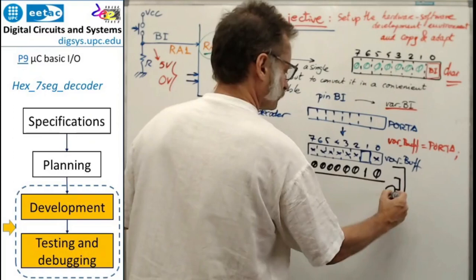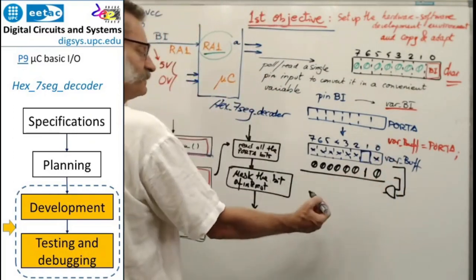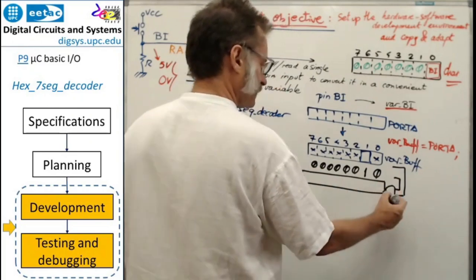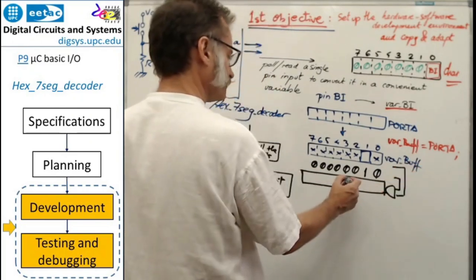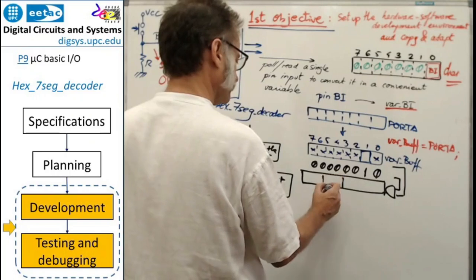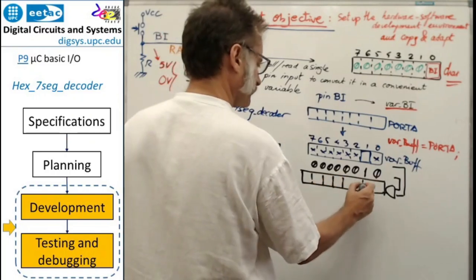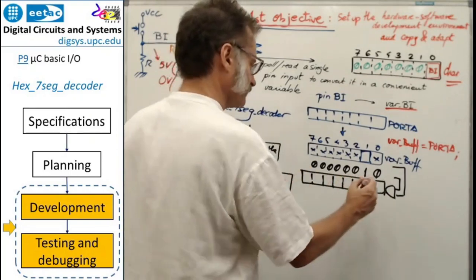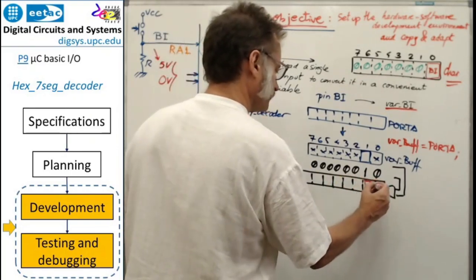So the result of this bit-to-bit AND, the bitwise AND, is going to be here a memory position, perhaps the same memory position, but just later. So you have all the bits, but this time here you are going to save the bit of interest, okay? This one is going to be saved.